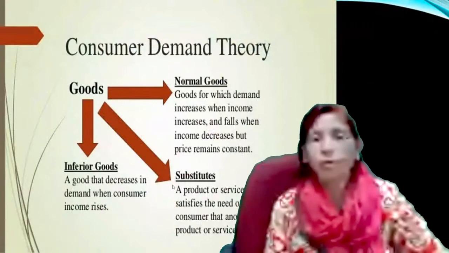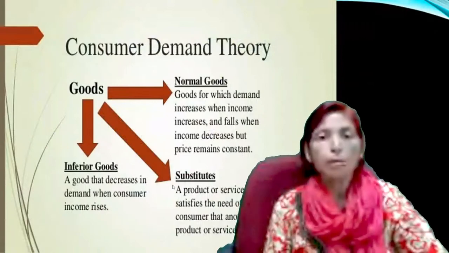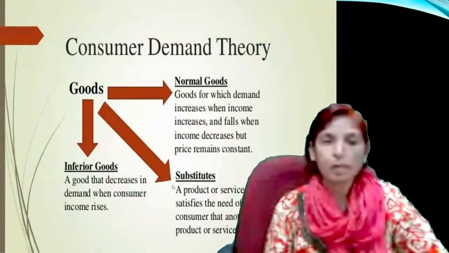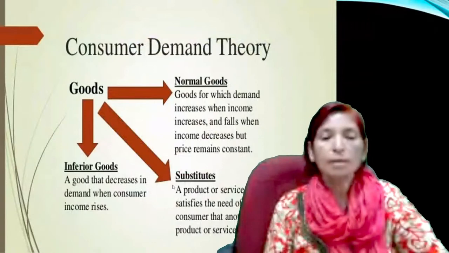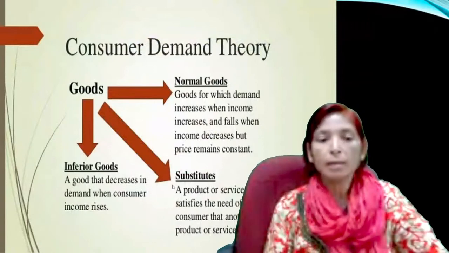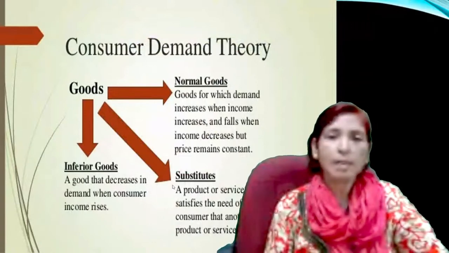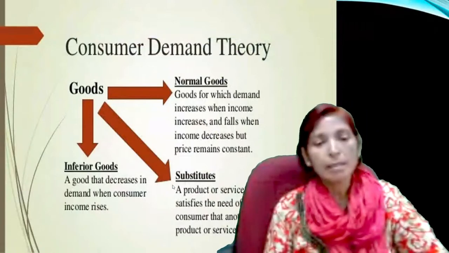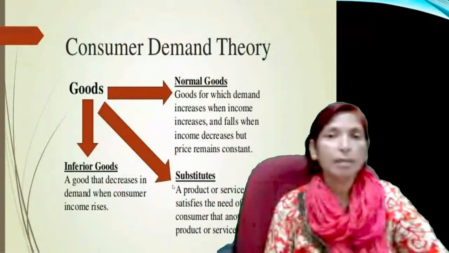Inferior goods are those goods whose demand is inversely related with the income level of the consumer. It is a good whose demand decreases when consumers' income rises, and demand increases when consumers' income falls.